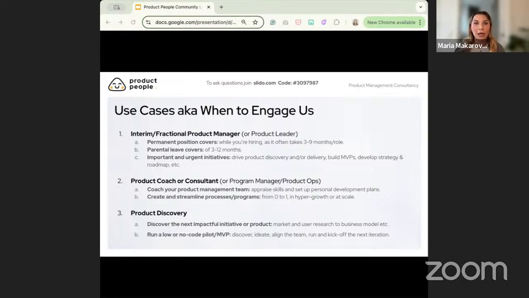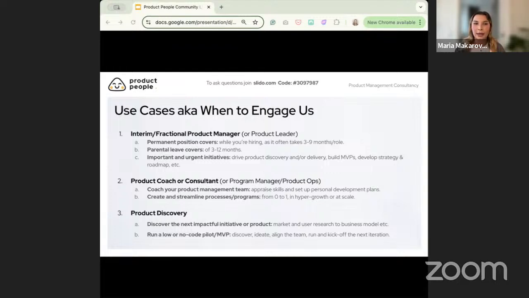So let's talk a little bit about the use cases of when you can engage us and what essentially is what we do. First of all, at Product People, we are interim or fractional product managers. So we cover parental leaves, we scale your product very quickly, and we lead key initiatives while bridging the gap until a full-time employee joins. That means our missions are rather short.